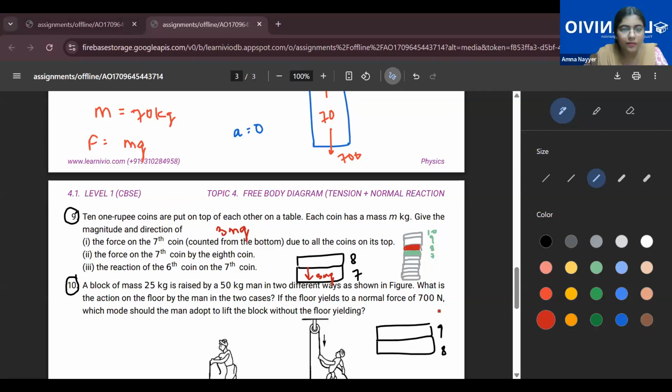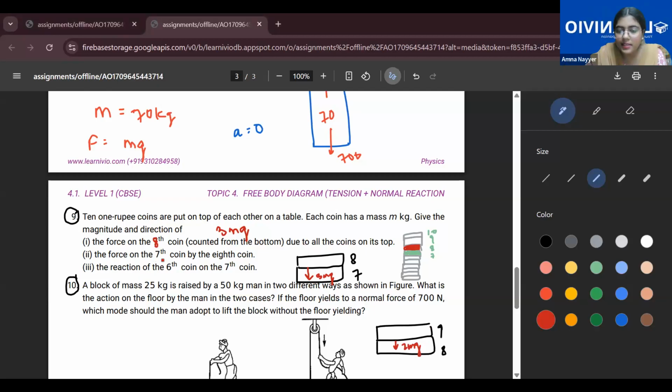If I say the question was the force on the 8th coin due to all the coins on its top, what would have been your answer then? 2 mg, right? So that means the ninth one is exerting a force of 2 mg on 8. Now let's come back to our question. If 8 is still 8, it is 2 mg.